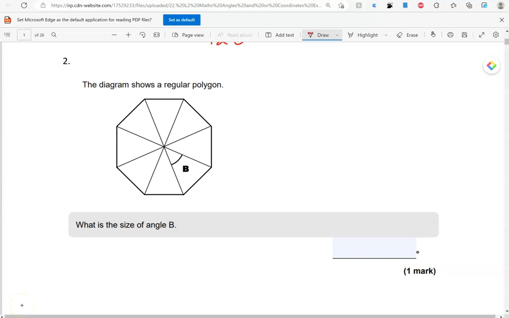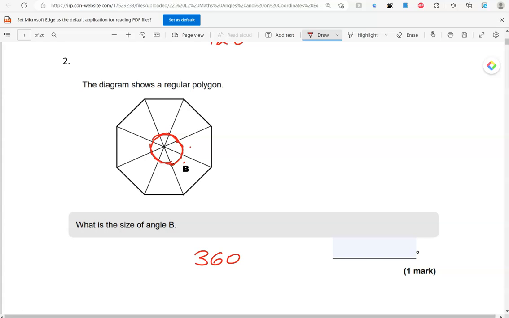So angle B here is the same as this angle here, or this one here, or this one, this one, this one, etc. To work out the size of angle B, we're going to start with this full circle, which is 360 degrees, because a full circle has 360 degrees, and that's something we should remember.